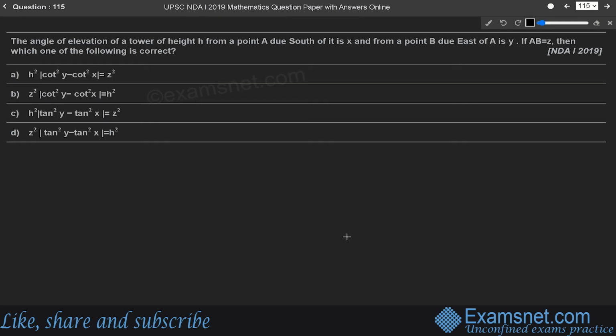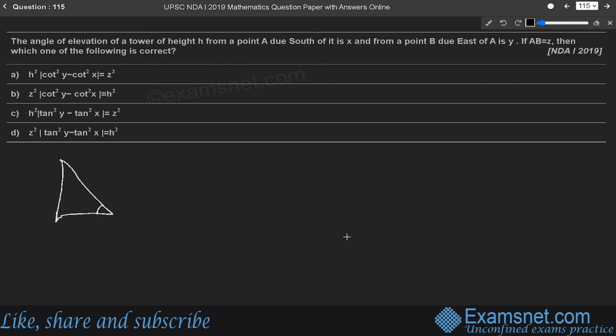Next question is, the angle of elevation of a tower of height h from a point A due south of it is x, and from a point B due east of A is y. If AB is equal to z, then which one of the following is correct? In the question there is an angle of elevation. So the angle of elevation will be like this.